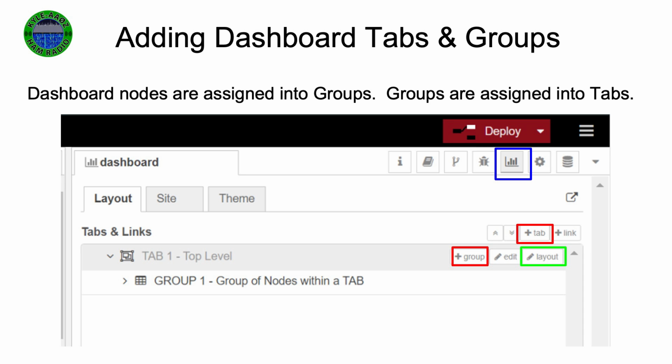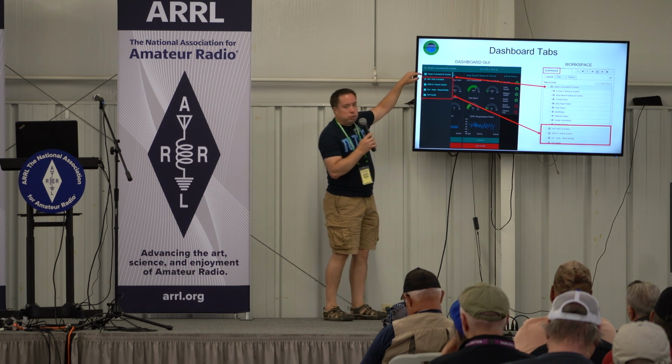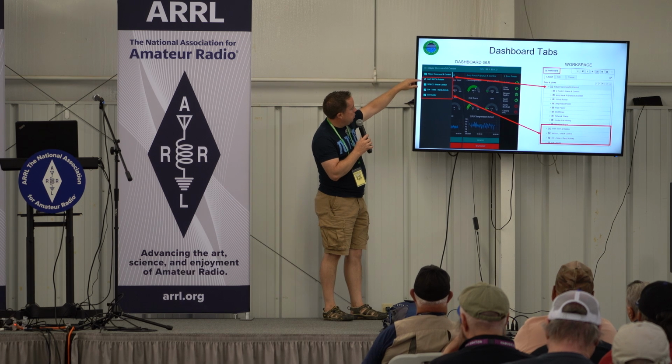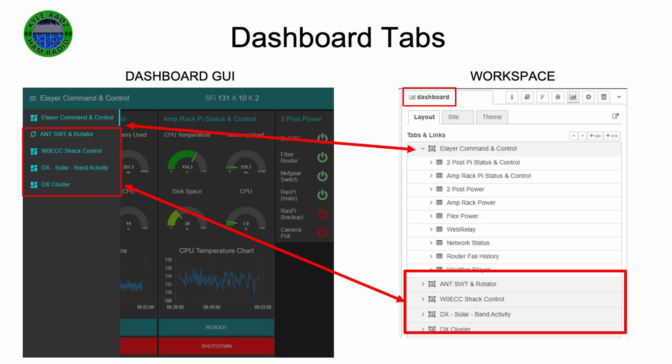So this is an example of my dashboard. I've got this E-layer command and control. I'm sure that you guys probably can't see that, but here are the tab names. So this hamburger menu up here, you can put many tabs on a menu. Here are my different tab names: E-layer, antenna switch, SHAT control, DX solar, DX cluster.